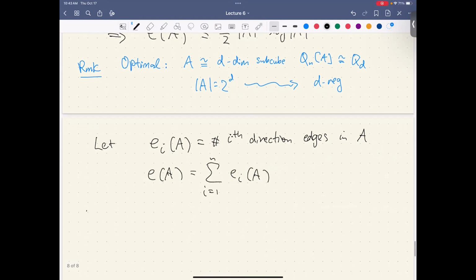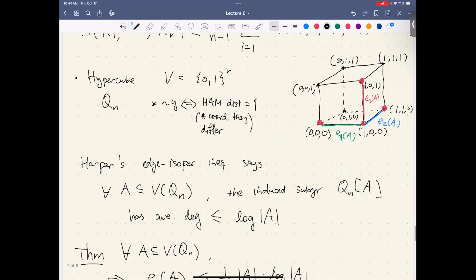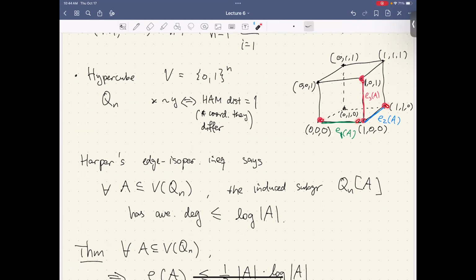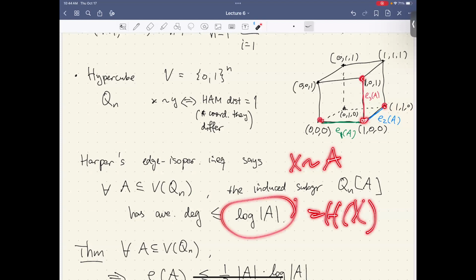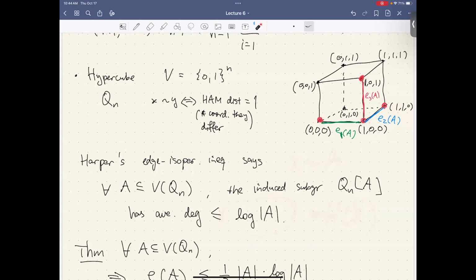The idea of this entropy proof, let me first state the idea, is to relate the ith direction edges in A with entropy. The first thing is we already have a set of vertices in A, so one natural thing to do is to sample a random vertex inside this set. Then log |A| is basically the entropy of X. Let's do that.